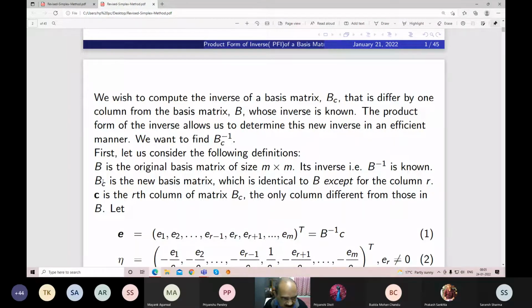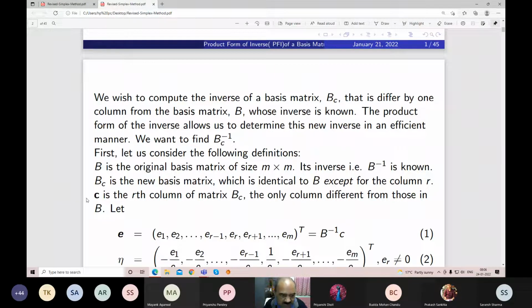So BC is the new basis matrix, which is identical to B except, let us say, for the column r. This r can be 1, can be 2, can be 3, can be m also, because we have m number of columns. One of the columns is different.